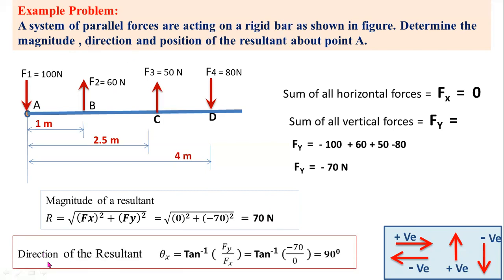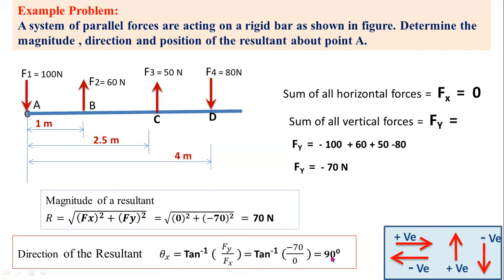Already we know the formula for the direction of the resultant. Theta x equals tan inverse of the sum of all vertical forces divided by the sum of all horizontal forces. Tan inverse of minus 70 by 0, anything by 0 is infinity. So tan 90 degrees equals infinity. So theta x equals 90 degrees. So this is the direction of the resultant.